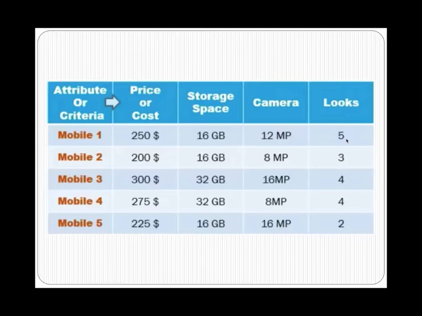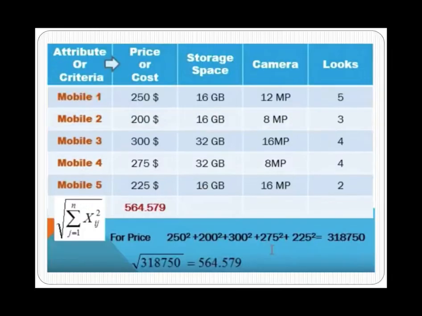Categorical feature means that this feature, looks, is categorical because it has some fixed finite number of values which it can achieve, and it is also ordinal in nature because all of these values have some particular order. For example, the looks of 2 is less than the looks of 3, and the looks of 4 is less than the looks of 5. So there is a particular order here, so that is why it is ordinal.